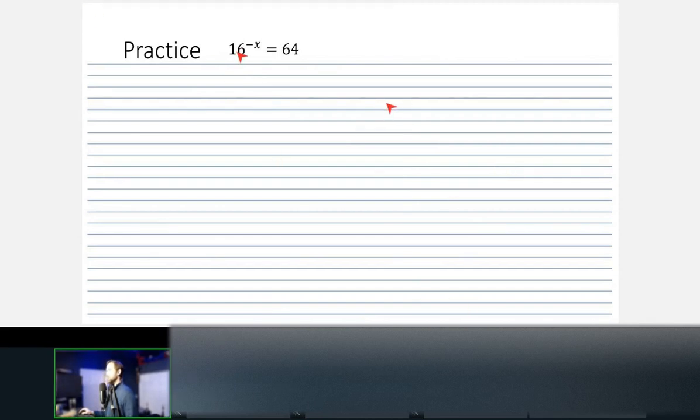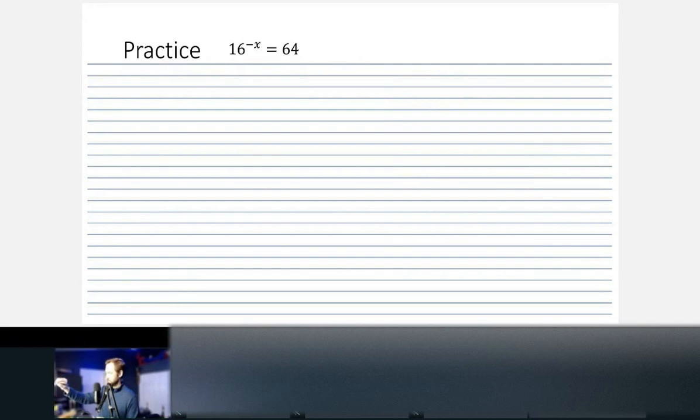How can I rewrite 16? Yeah, so 4 times 4, in other words, 4 squared, right? I could rewrite 16 as 4 squared. So let's do that.